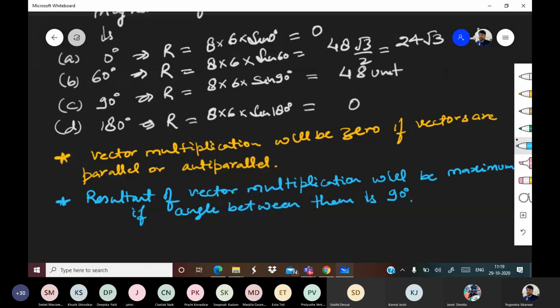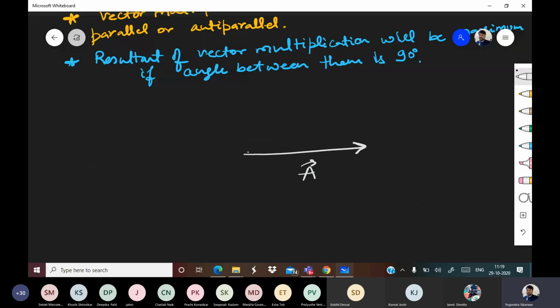Now, if we want to know what will be the direction of A vector cross B vector, suppose these are two vectors, A vector and B vector, as shown. What we need to do is stretch our right palm in the direction of A vector.